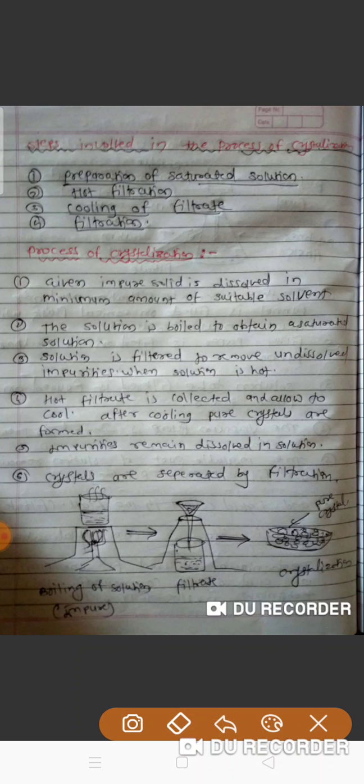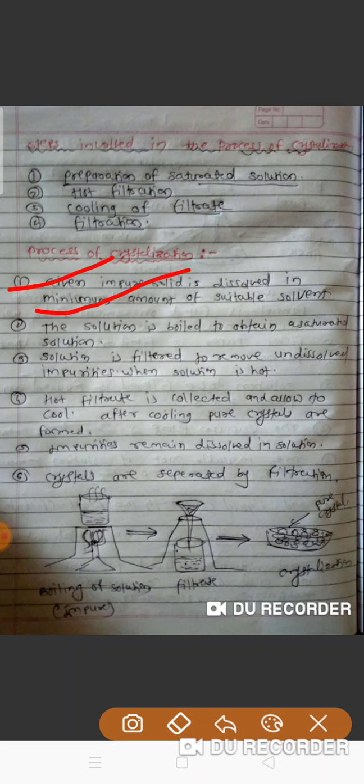Now consider how the crystallization process is carried out. First we are given an impure solid, an impure compound or chemical substance. We dissolve the given impure substance in the minimum amount of suitable solvent.